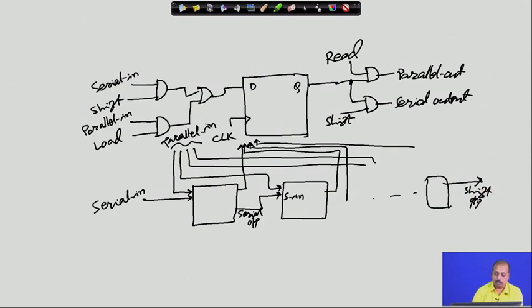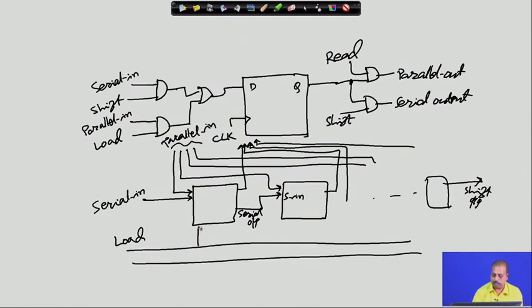Now, other controls like the load control and the shift control should be given to all the stages for doing the operation.